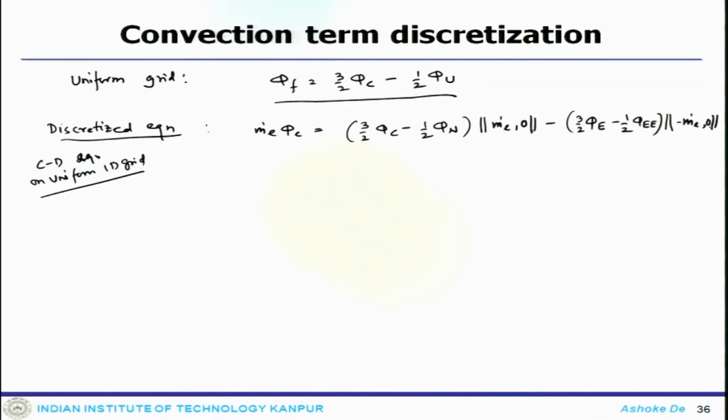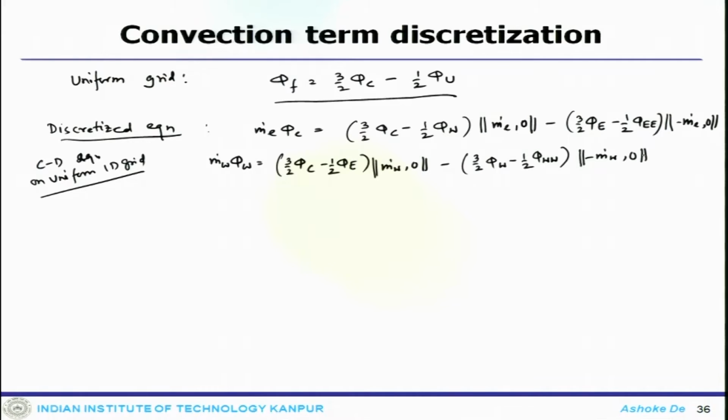Similarly, m dot W phi W equals 3 by 2 phi C minus phi E by 2 multiplied with m dot W 0, minus 3 by 2 phi W minus phi W W now multiplied with m dot W 0.